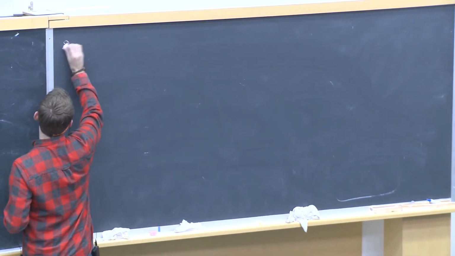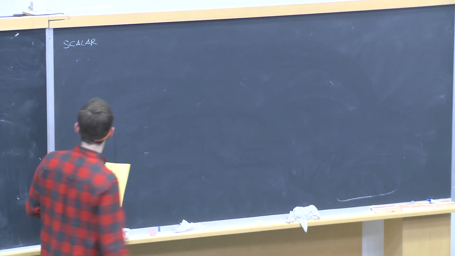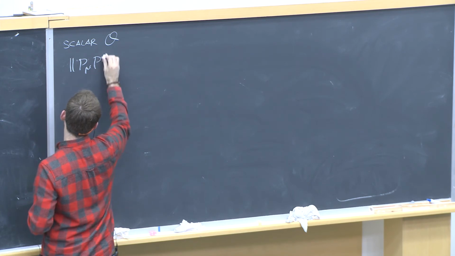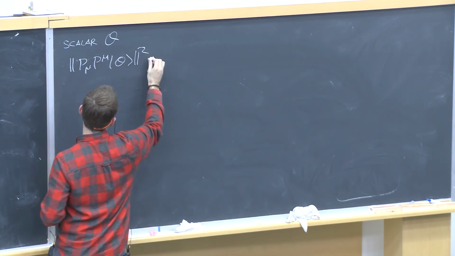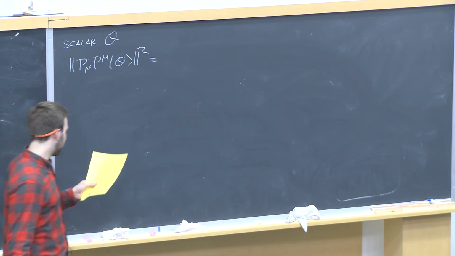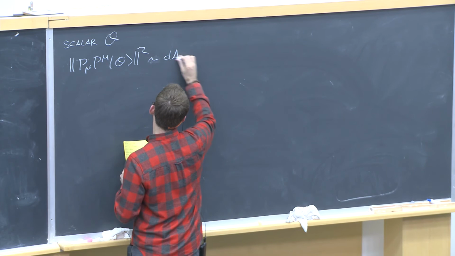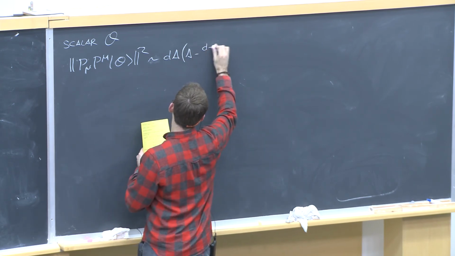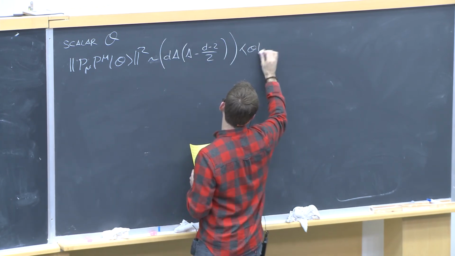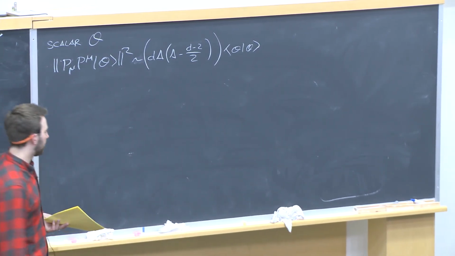So if you have a scalar operator, you can compute the norm squared of this state coming from acting with the charge version of the box operator, del mu, and you get something proportional to this coefficient times the norm of the original operator.